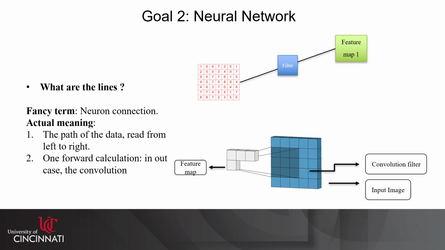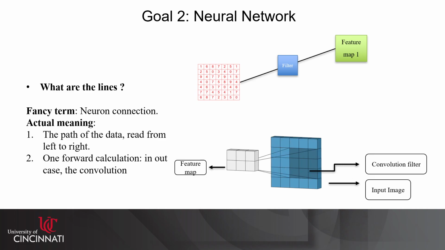We pick one filter, we do a full convolution of that picture, and we get a feature map. The feature map is where we store the information of all the features. And one convolution computation for the whole image is one line in the neural network.